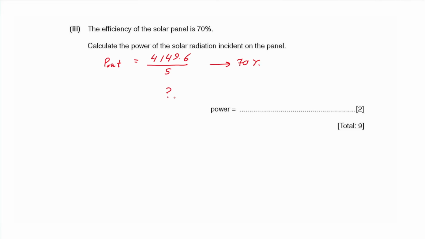So what power corresponds to 100%? Because the incident energy, that is the input, is 100%, and we only absorbed 70% of that energy to heat the water. So we need the 100%. If we do cross multiplication, this bracket by 100 and then divide by 70, that gives us an answer of 1185.6, which we can approximate to 1200 watts.